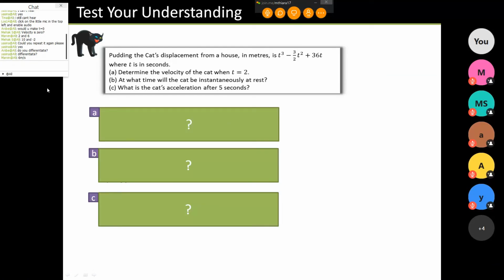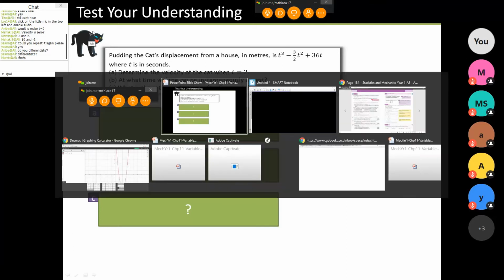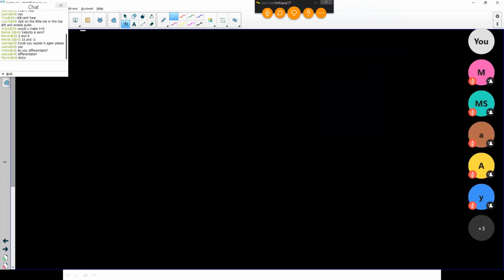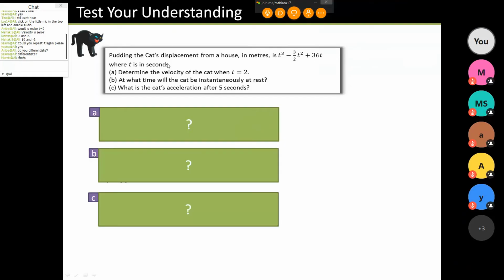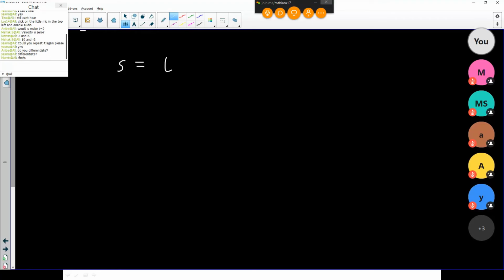So I'm just going to write this formula out. So again, S, the displacement, is equal to t cubed minus 3 over 2 t squared plus 36t. So to get from here to the velocity, I would differentiate it.